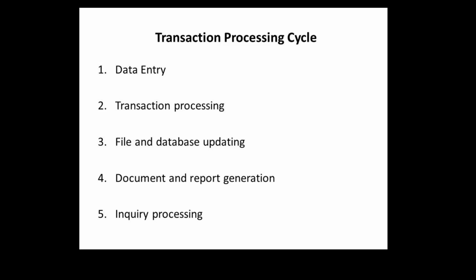Next is document and report generation. Here documents such as sales receipts and customer statements are generated. We have different types of documents and reports to be generated, such as customer statements or sales receipts. That is one type.